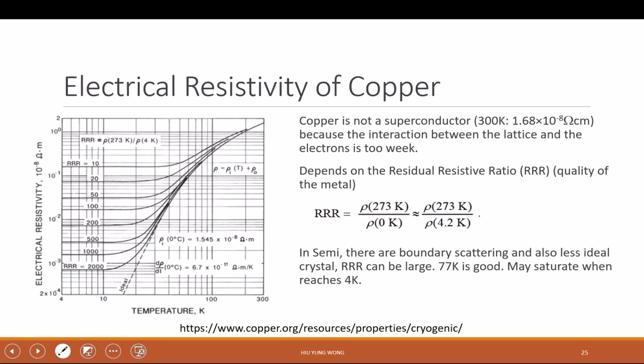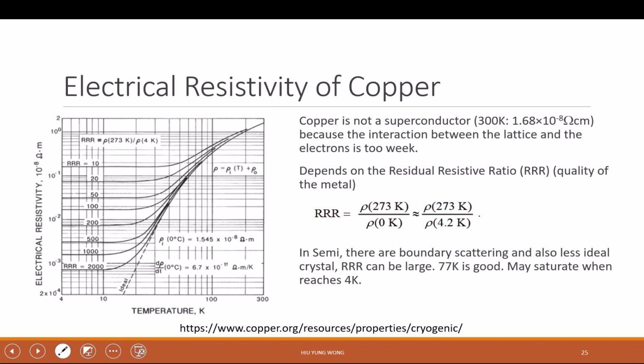Some metals, like aluminum, niobium, when you reach 10 Kelvin, 4 Kelvin, or 1 Kelvin, I forgot. Niobium is 10 Kelvin, 9 Kelvin. You become a superconductor, which is great. But some metals never become a superconductor, for example copper. And this is very ironic, right? I hope you have this concept also: a good conductor usually cannot be a superconductor.